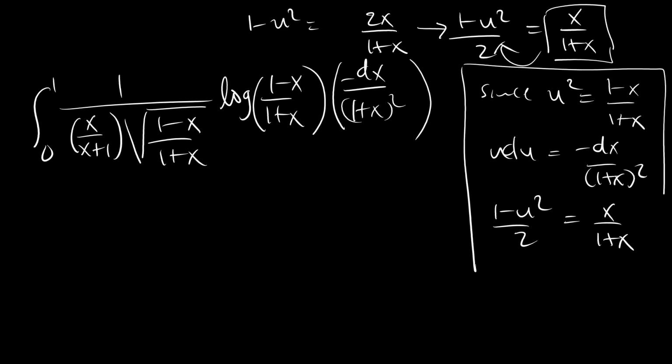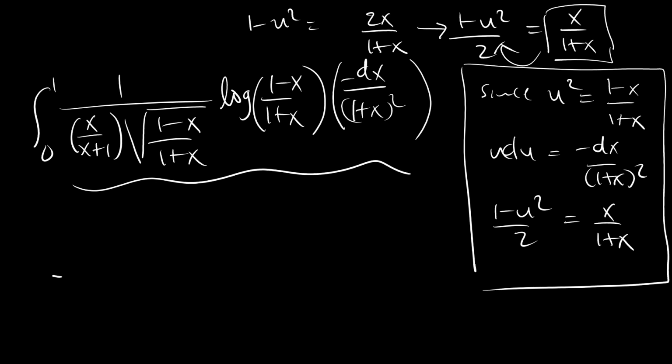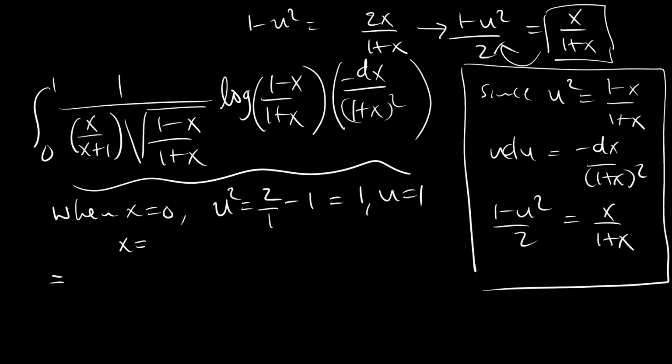Using this relationship, this problem becomes, and obviously when x equals 0, u squared is equal to 2 over 1 minus 1, which is equal to 1. Therefore u is equal to 1. When x equals 1, u squared is equal to 2 over 2 minus 1, which is equal to 0. So u is equal to 0.